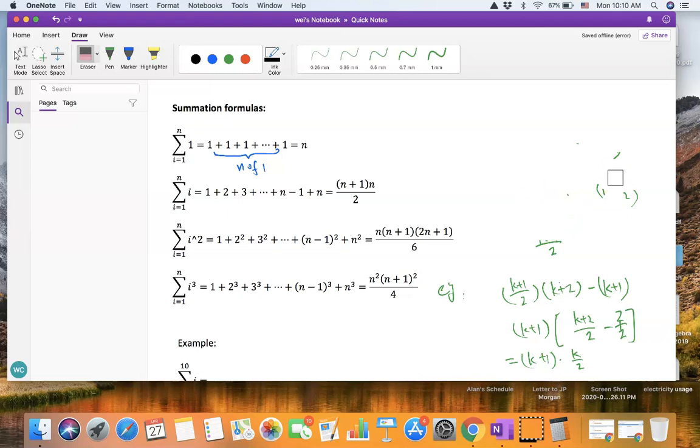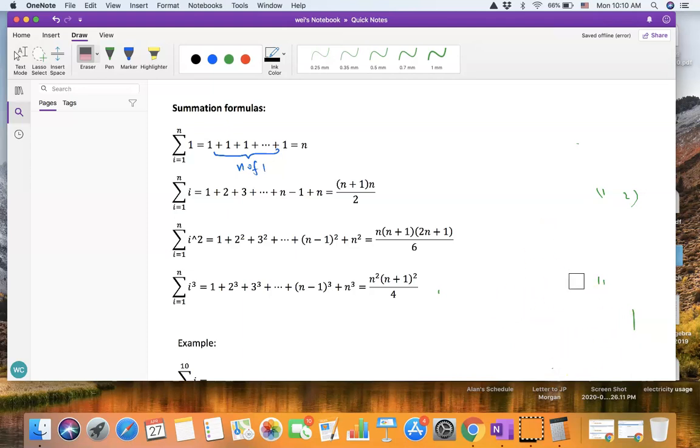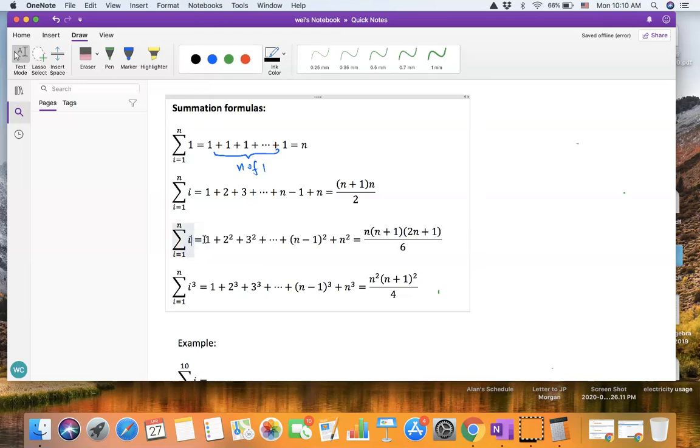Now for the next one, if the formula of a_i is i squared, so 1 square plus 2 square plus 3 square plus 4 square all the way to n square, the sum of this is given by this formula: n times n plus 1 times 2n plus 1 over 6.